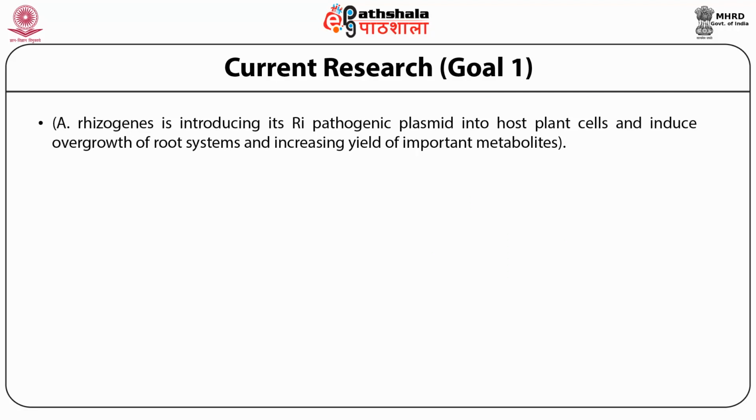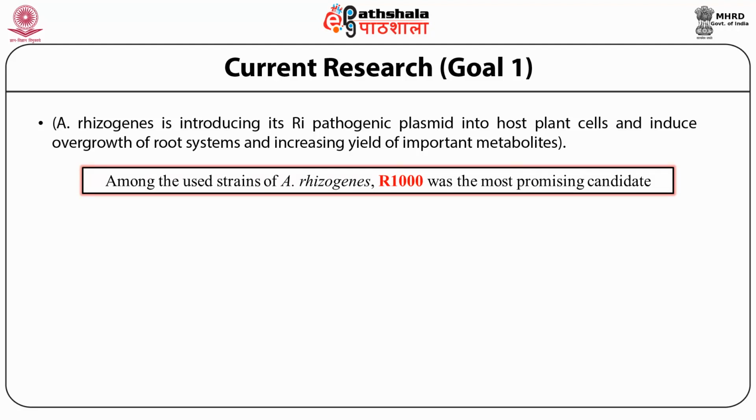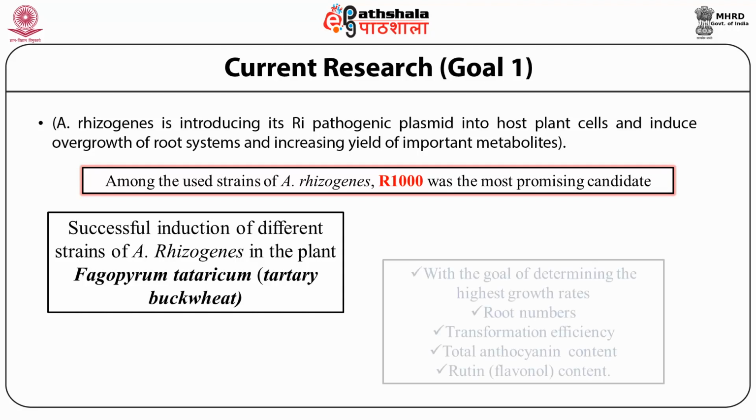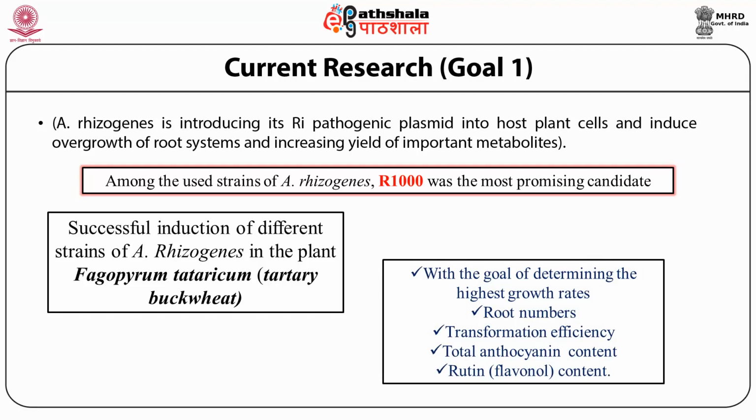Current status: if we study the current status of Agrobacterium species, R1000 is the most important strain of the bacteria which successfully induces hairy roots in the plant buckwheat. The goal of this bacteria is to determine the highest growth rate. It increases the root number, improves the transformation efficiency, improves the anthocyanin content, and also improves the very important flavonol content, which is rutin.